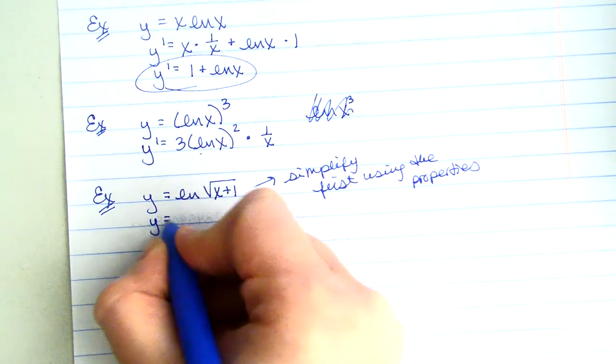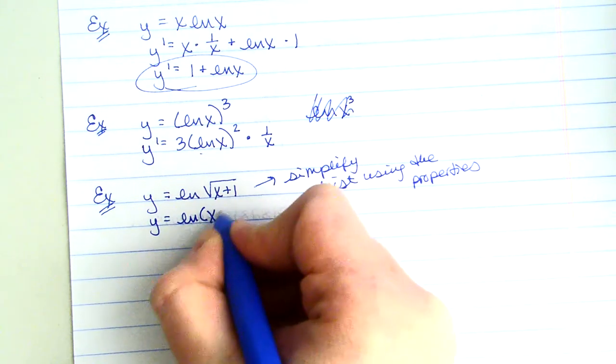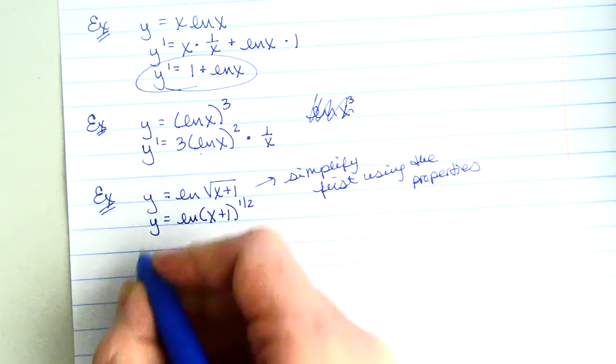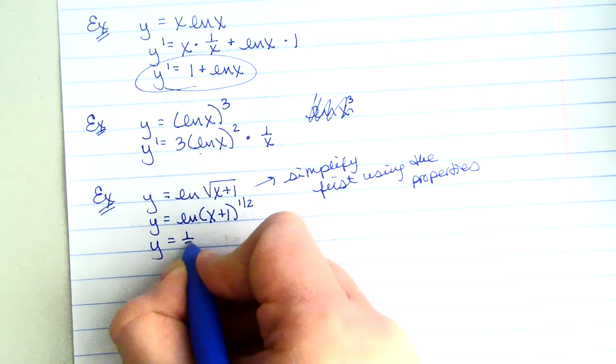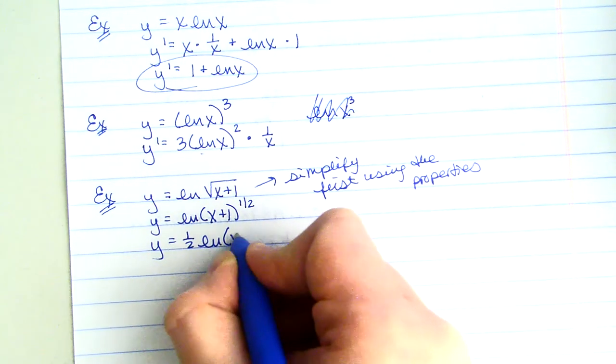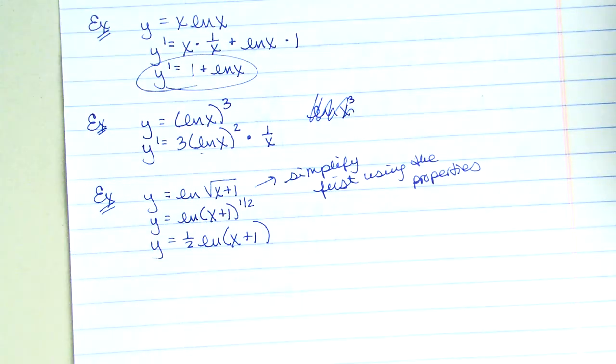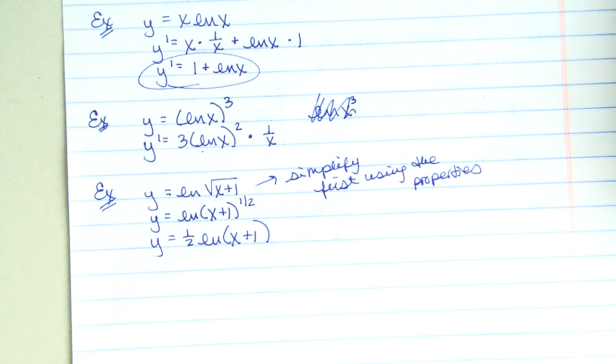I'm going to get y equals the natural log of x plus 1 to the 1/2, and you can move your 1/2 out front. Y equals 1/2 times the natural log of x plus 1. That's going to be a lot easier to find the derivative. Go find your derivative.